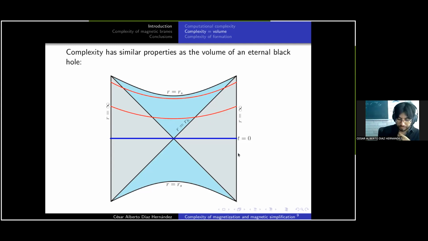So we can relate the volume of this black hole with the volume of a maximal space-like slice, sorry, anchored at a certain time.